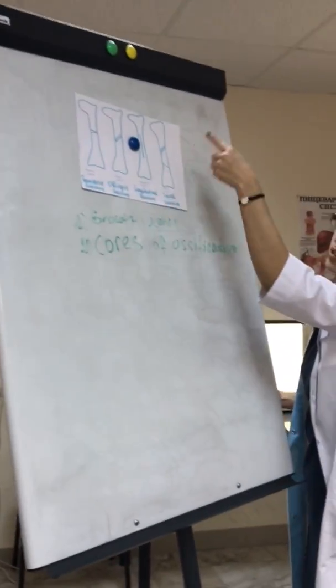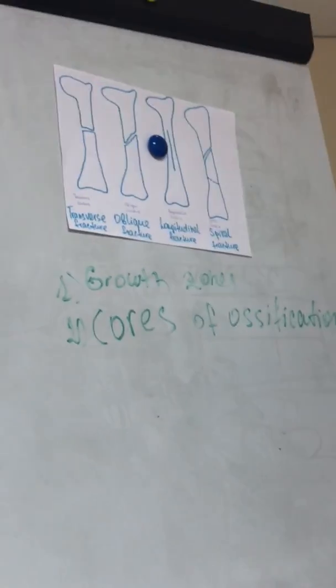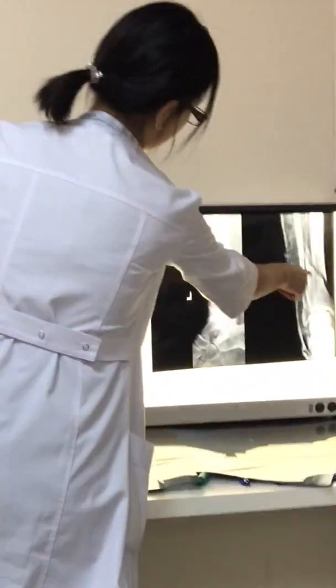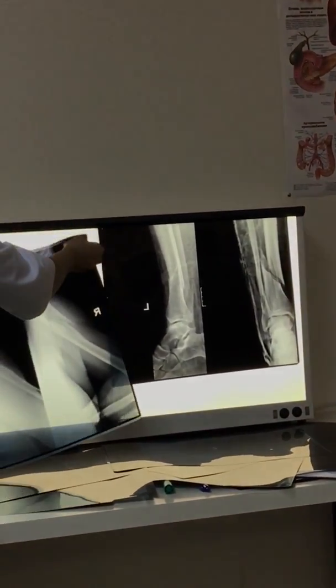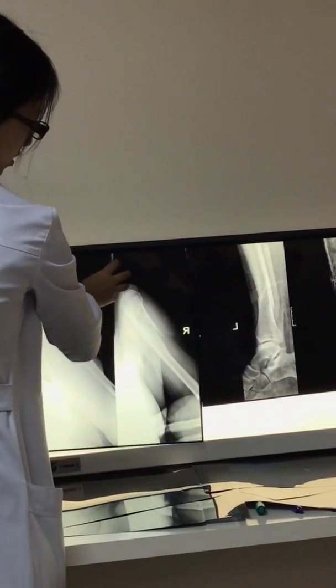Transverse will be like this line, this one is longitudinal, and this one is spiral. Spiral will be like this, okay? Like this, or like this one. This is spiral fractures.